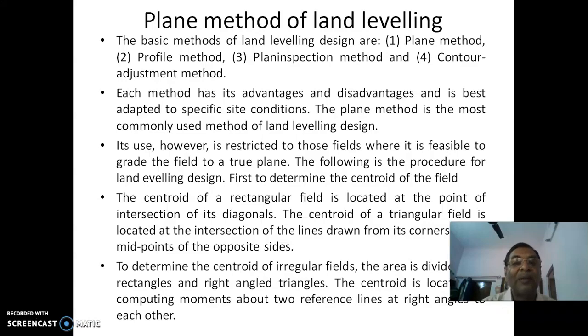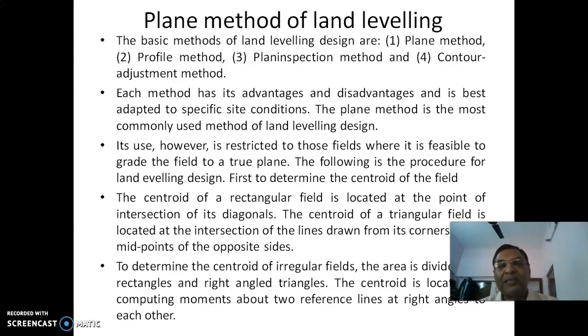In fact, the basic methods of land leveling design are the plane method, the profile method, the plane inspection method, and the contour adjustment method. I'm not covering all of these, but the important one is the plane method, which I am covering now.